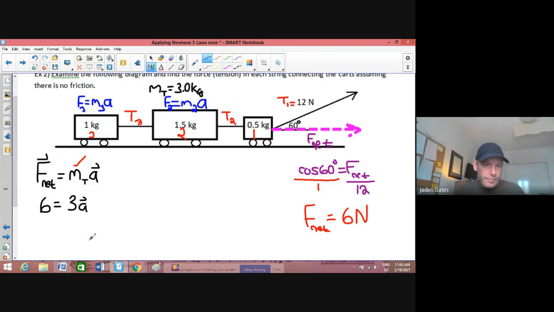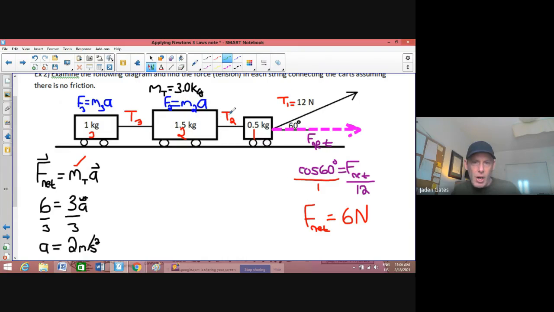If I divide both sides by 3, the a's are all the same because they're all moving at the same rate. 6 divided by 3, these are all moving at 2 meters per second squared. That's how fast they are accelerating. Now, that is going to allow me to find T2 and T3 because I'm looking for the force that's applied to this cart.